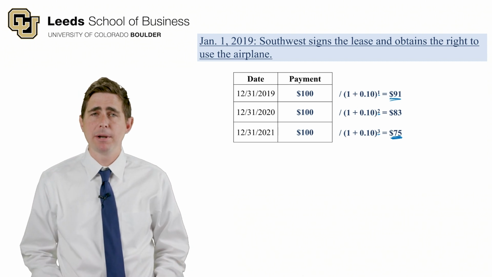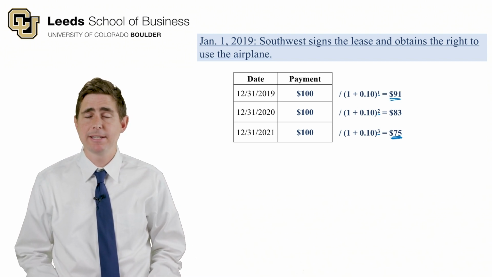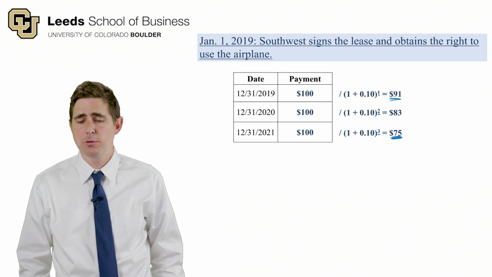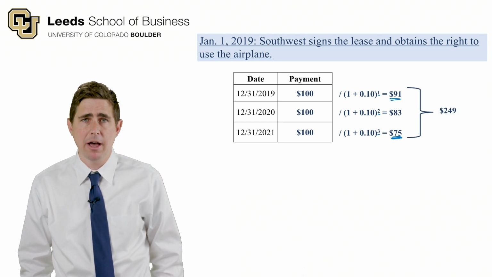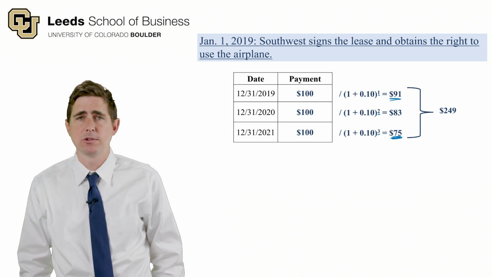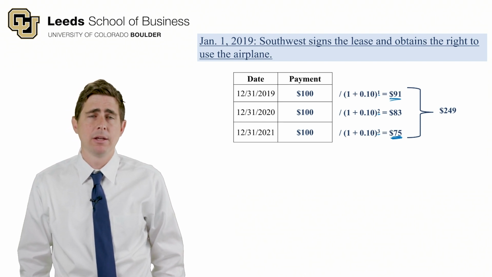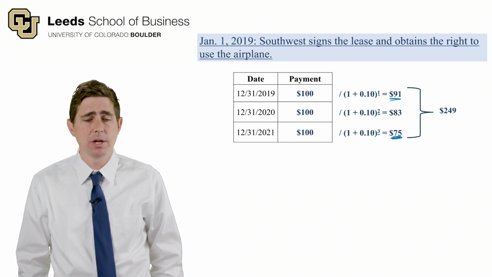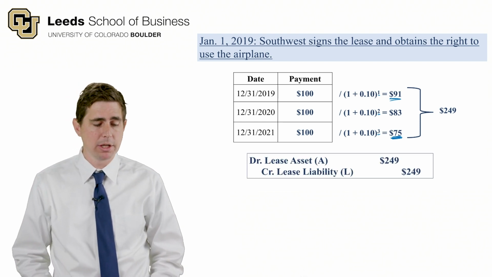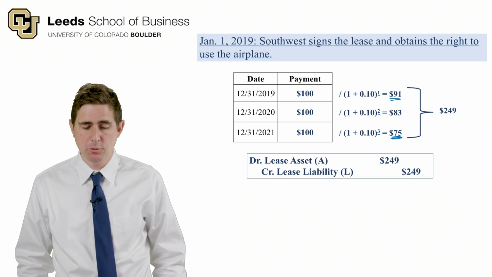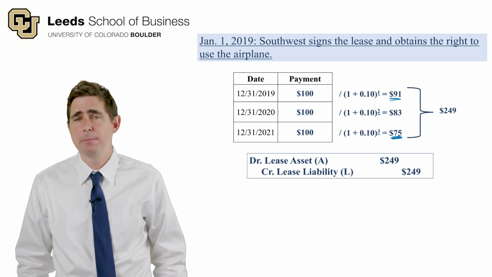So the accounting department has taken the schedule of future payments, discounted it to today using the effective interest rate, and the sum of those payments is a $249 present value of the future minimum lease payments. So at the inception of the lease, the initial measurement is to create an asset and a liability for that value. And so the journal entry is to debit a leased asset for $249 and credit a lease liability for $249.